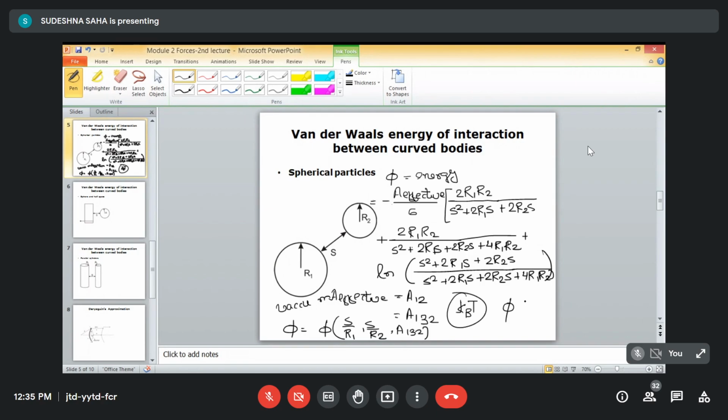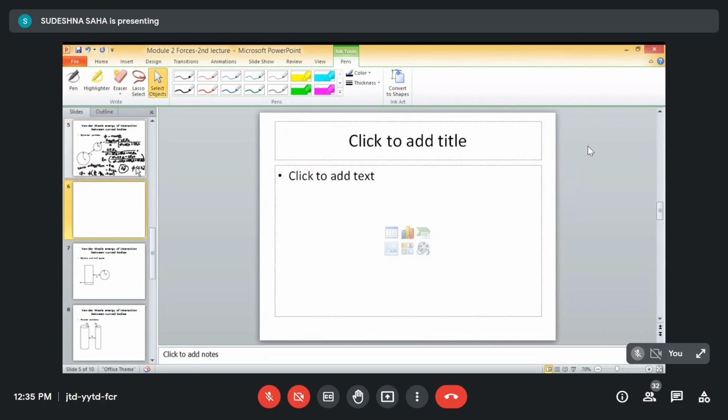So if phi is much less than KBT, where KB is the Boltzmann constant and T is the temperature, then the particles do not remain bound to each other for a longer time due to Van der Waals forces of attraction. So the limits for this particular equation we can write from this discussion is this one.